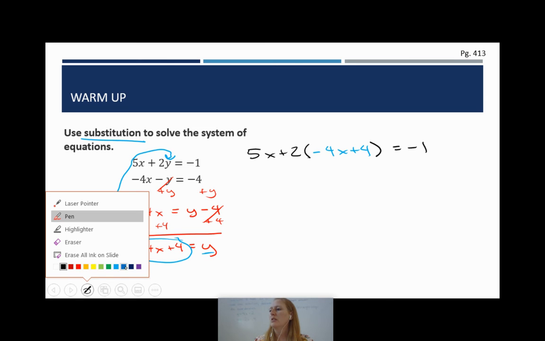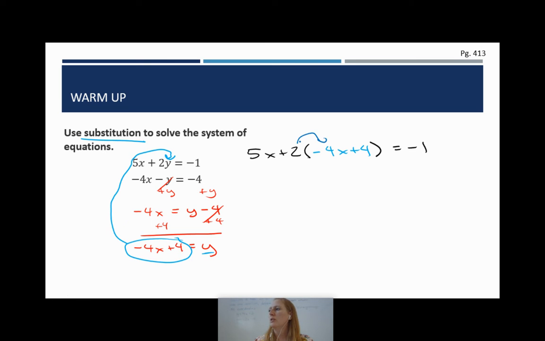And then we're just going to solve from there. So let's go ahead and distribute this thing. So I have 5x minus 8x, sorry. 2 times the -4 is -8x. And then 2 times 4 is a positive 8, and it equals -1.